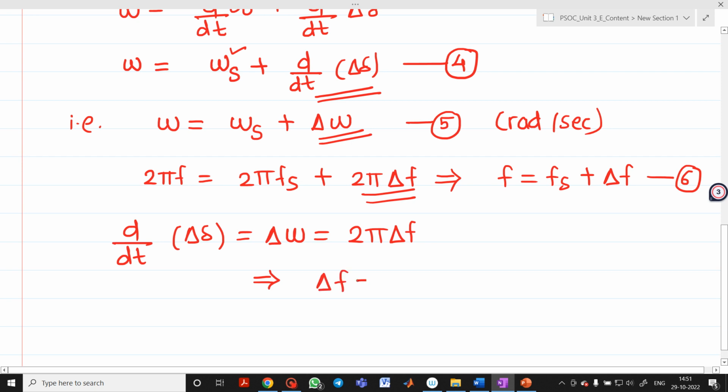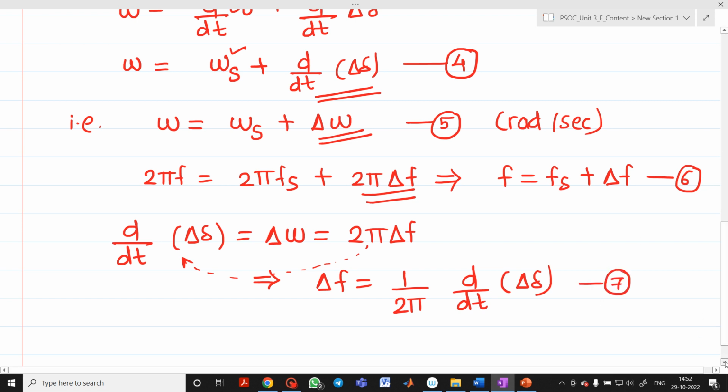Δf will be equal to 1 upon 2π into d/dt of δ. Yes, what I just did? I have taken this term to this side. So Δf will be equal to 1 upon 2π dδ/dt. Consider this as equation number 7.